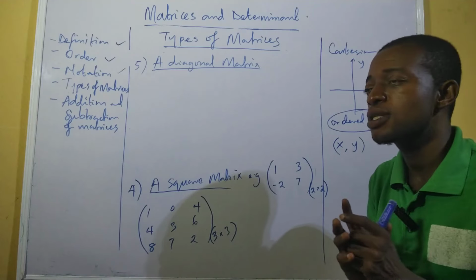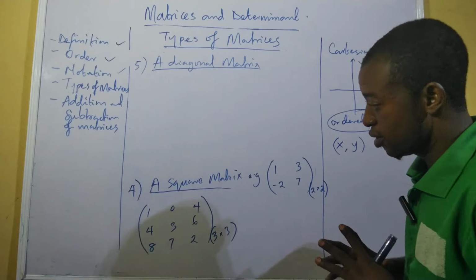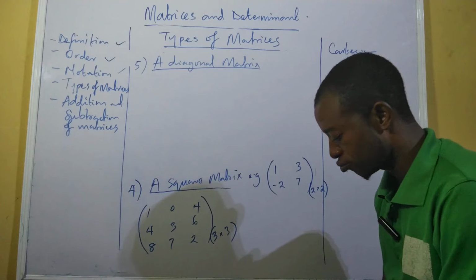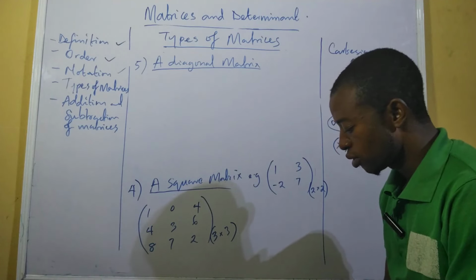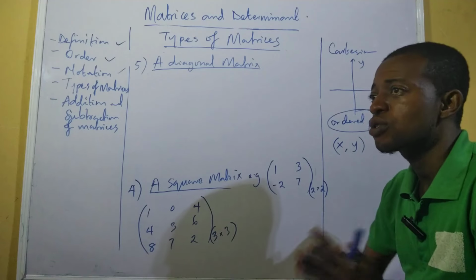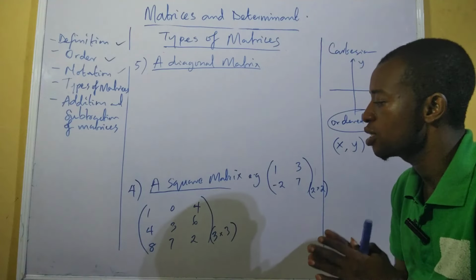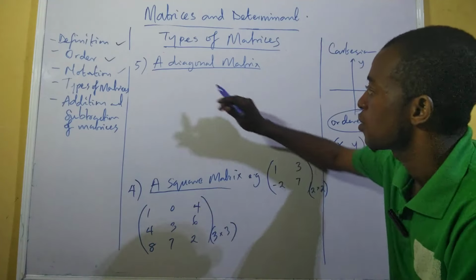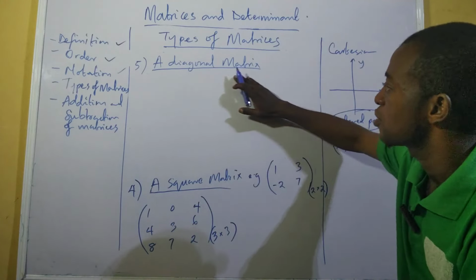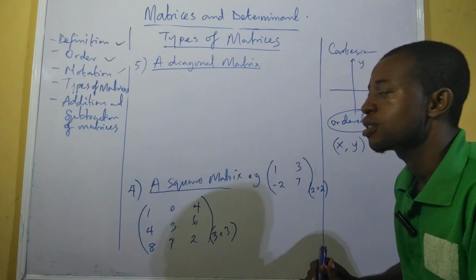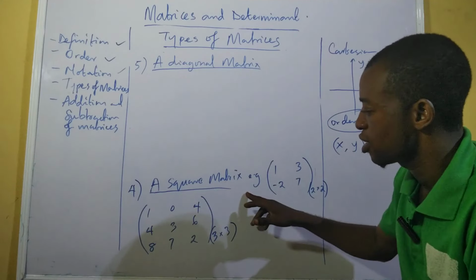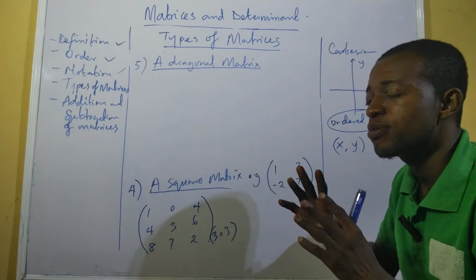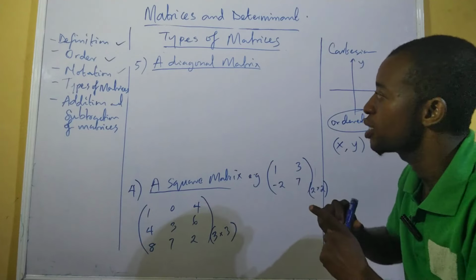In other words, this is a square matrix whose elements are all zeros except those in the leading diagonal. So when we talk about a diagonal matrix, it's a square matrix and it has all the elements zeros except those in the leading diagonal.